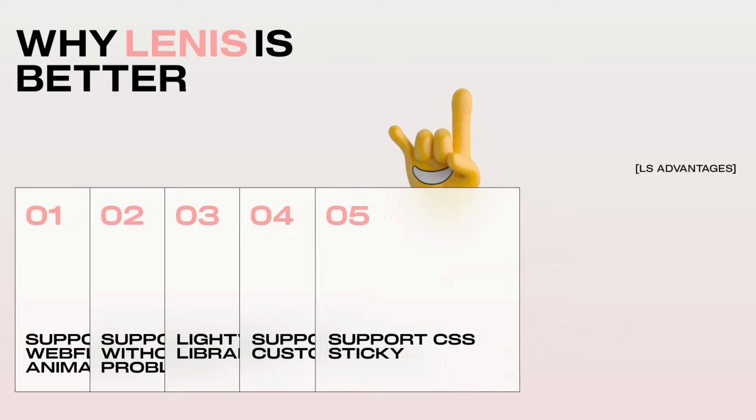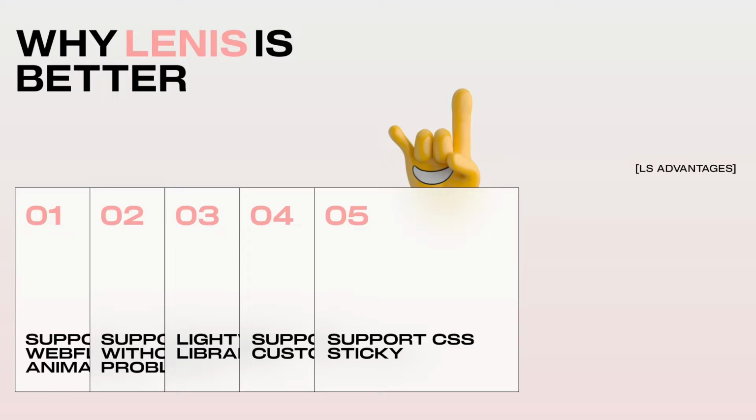Let's do a quick review why Lenis is a better smooth library and is the best one for now. Lenis is a free library. Lenis supports native animations of Webflow because it's hijacking the native scroll position. Lenis works perfect with the GSAP library and 3JS.